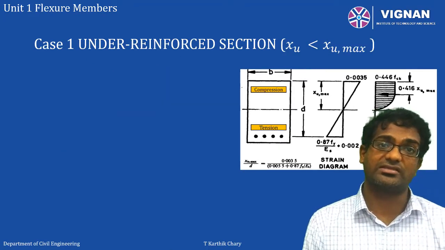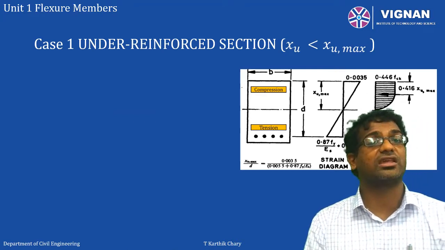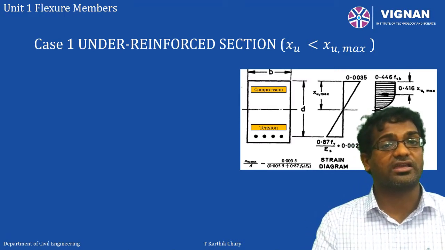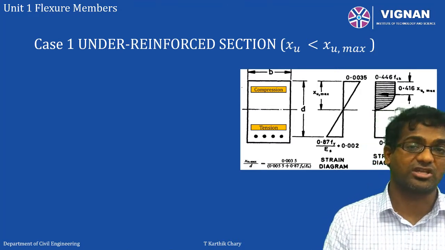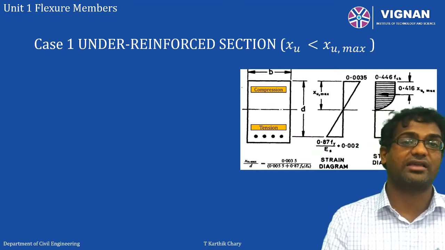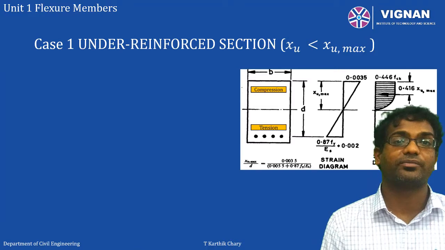First section is the under reinforced section. An under reinforced section is a section where, for given section dimensions and area of steel, if you calculate the actual neutral axis, this neutral axis is always less than the limiting neutral axis.